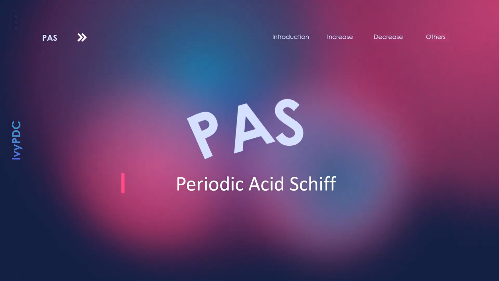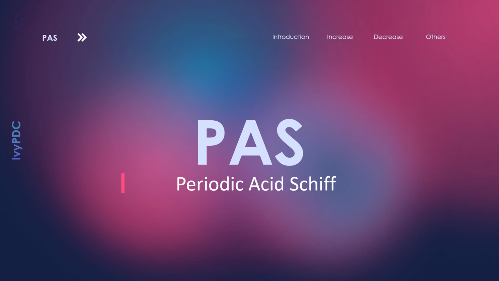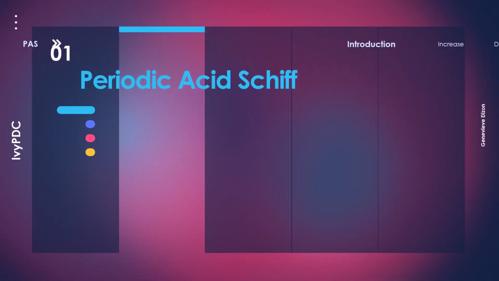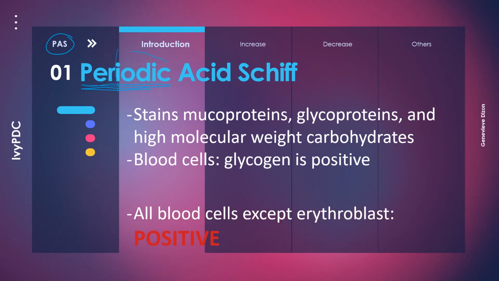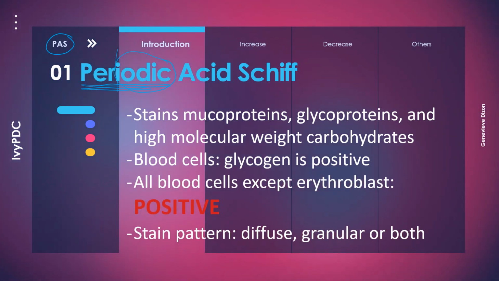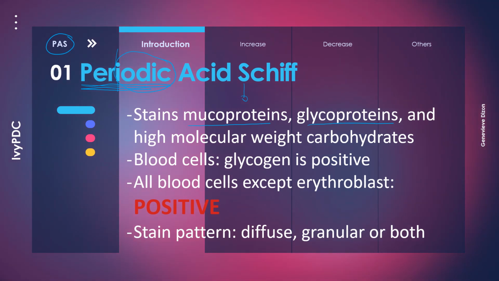The next cytochemical stain to be discussed is the periodic acid Schiff. Next is the PAS, or the Periodic Acid Schiff, and I would like to emphasize the pronunciation. It's periodic and not periodic, because this contains iodine. And the PAS is used to stain the mucoproteins, glycoproteins, and the high molecular weight carbohydrates.